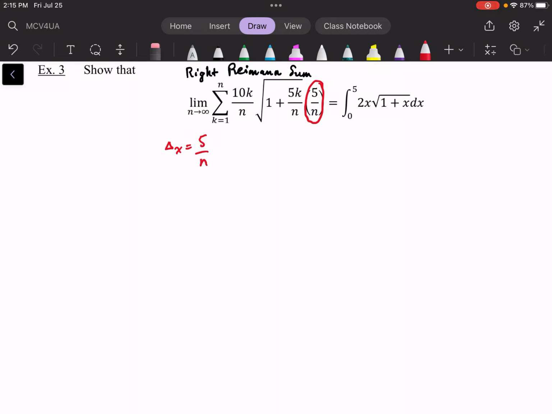If that's the case, we can also write it as 5 minus 0 over n. And you can see that right there is part of our integral now. So that already has an a value of 0 and a b value of 5. Then notice that the 1 plus 5k over n part is just equal to 1 plus k times our change in x value.